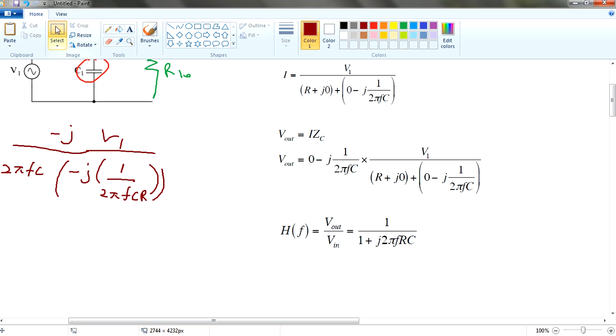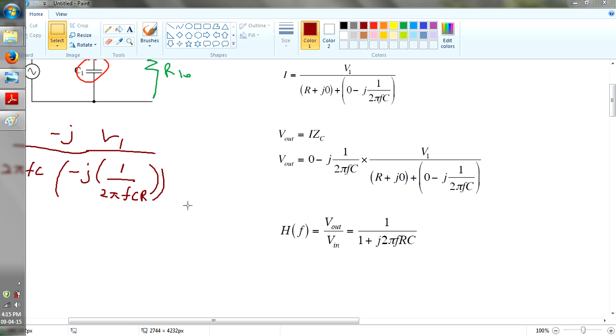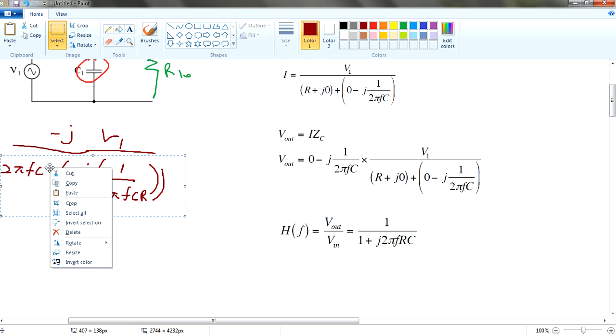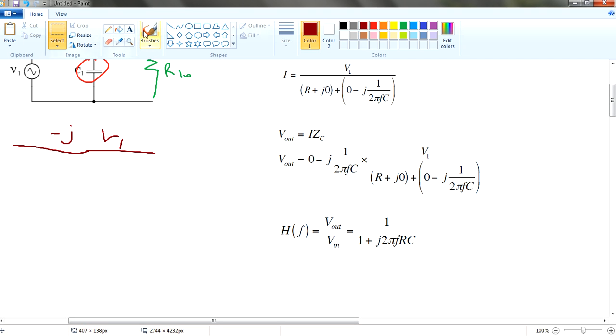Okay, sorry, my fault. I just realized something. I shouldn't multiply in. I should just add them together. If I add them up together, wouldn't it be great? Let me simplify this one first. So minus J times V1 is actually the top one, so it's alright.